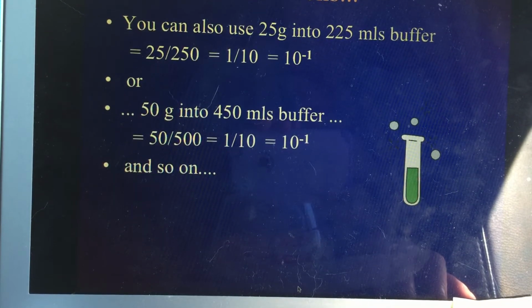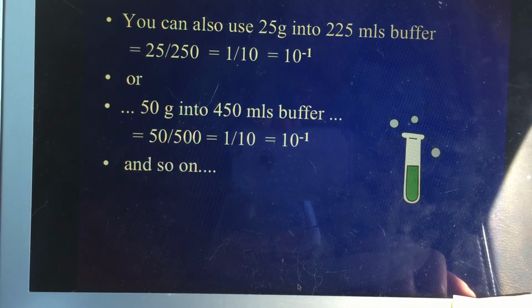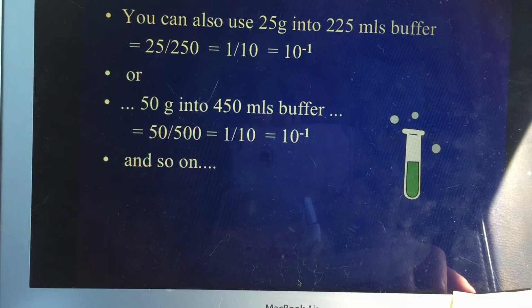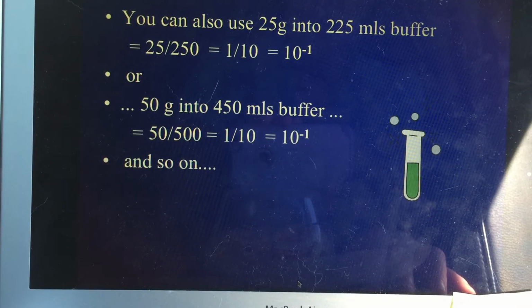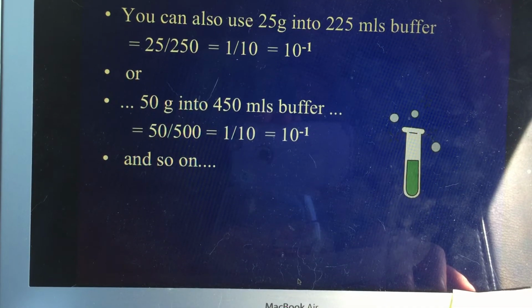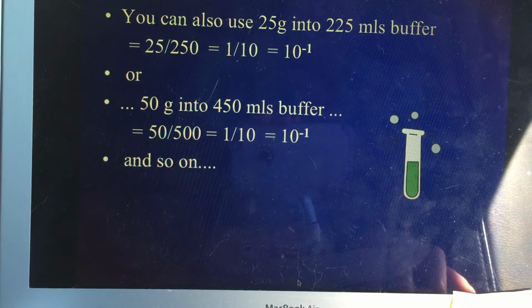When you're doing these types of questions, you have to remember that the bottom number of your fraction, so 250 or 500 in these two examples, is the total volume. So if I'm to ask you how much buffer you would need, you have to subtract the original sample size. So 25 grams in a total of 250.